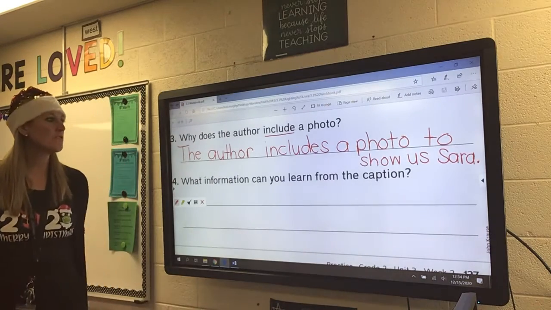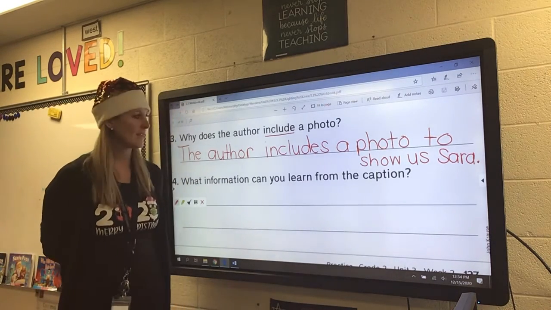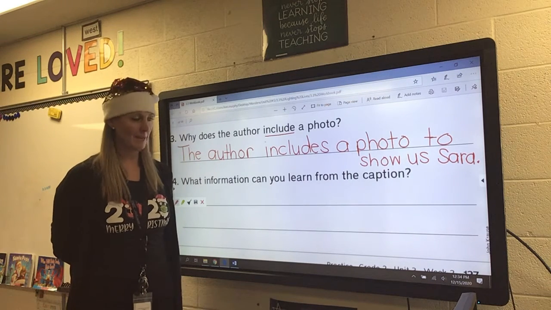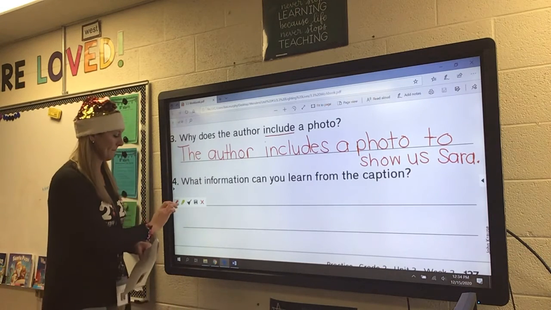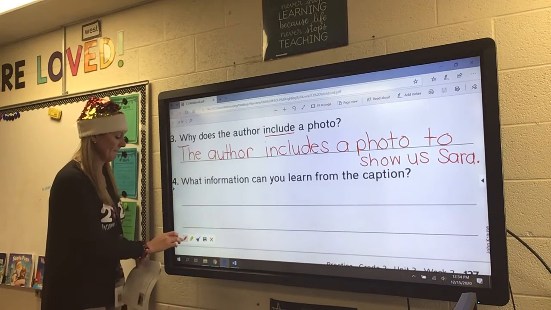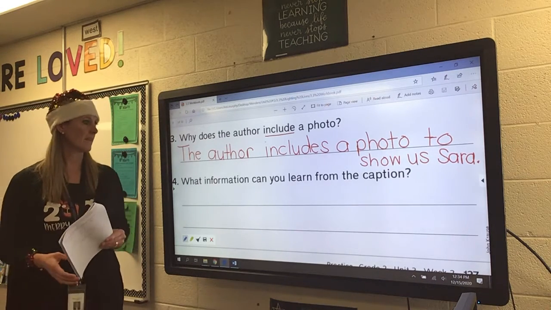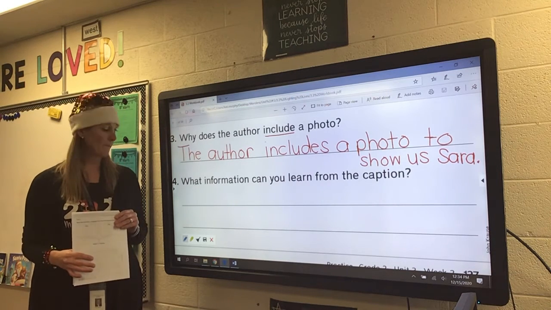So the author includes a photo to show us Sarah. That is why the author put a photo of Sarah in this informational text. Pause the video if you need to. We'll go on to number 4.